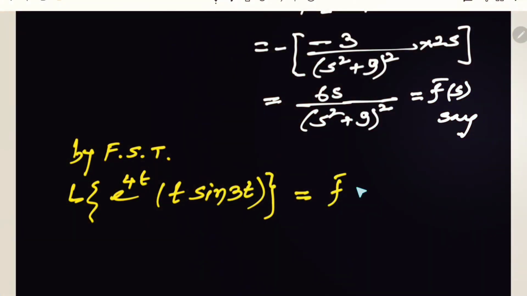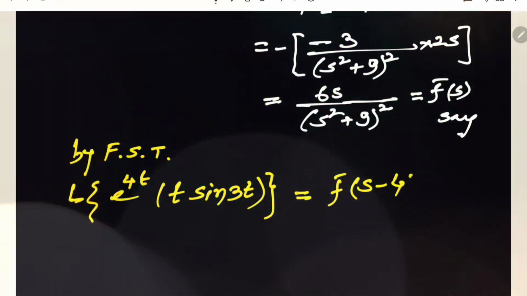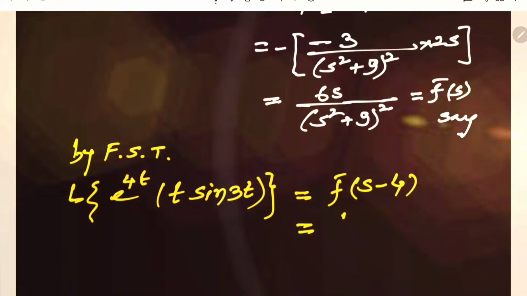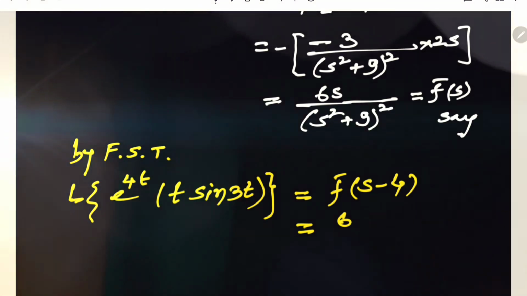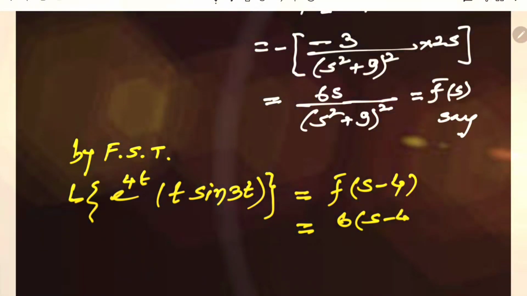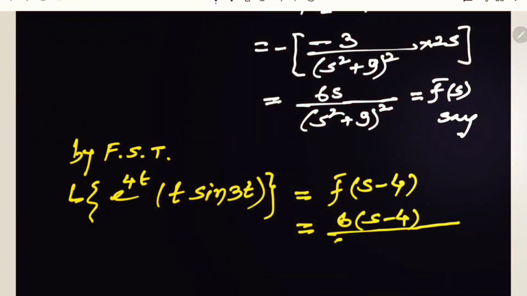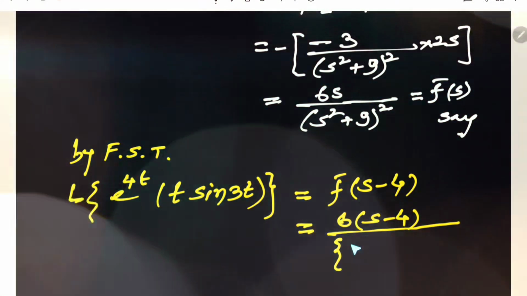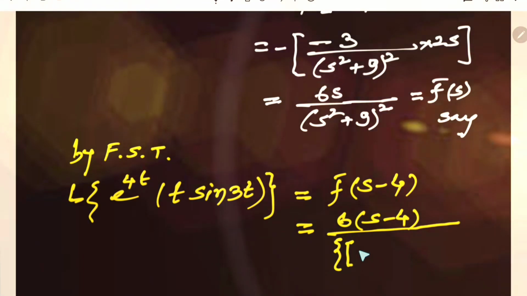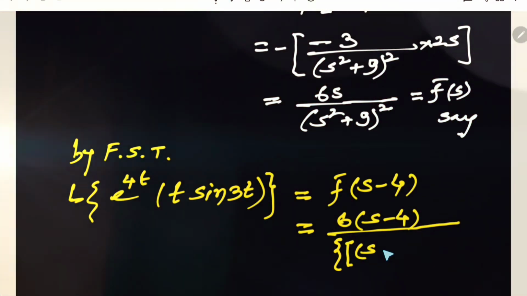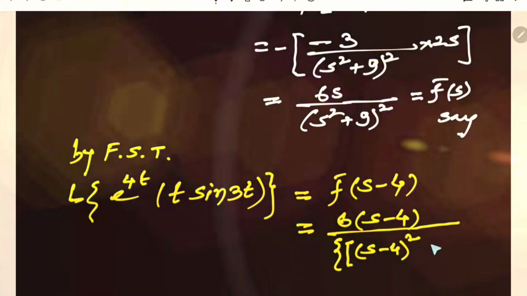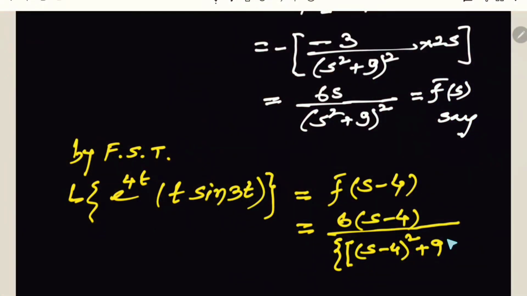Therefore, f bar of s minus 4. In the previous step, replacing s by s minus 4 throughout, we get 6 into s minus 4 whole divided by, in bracket, s minus 4 whole square plus 9, and that bracket complete and its square.